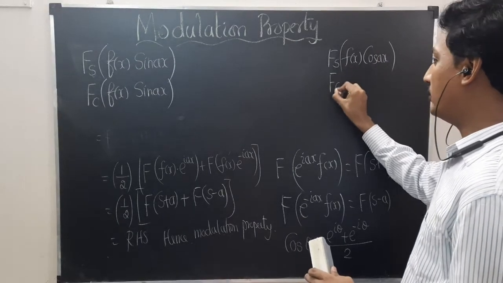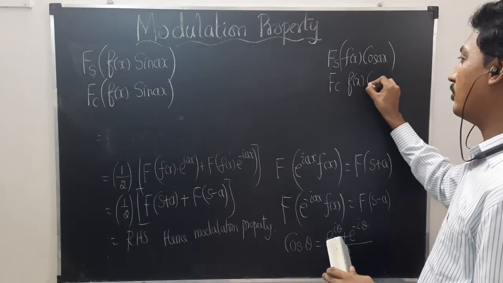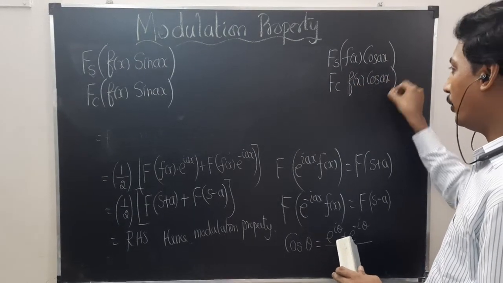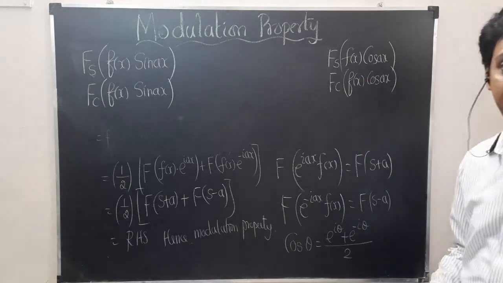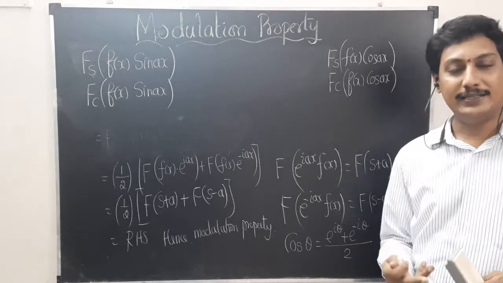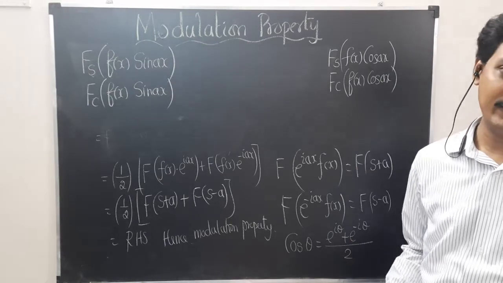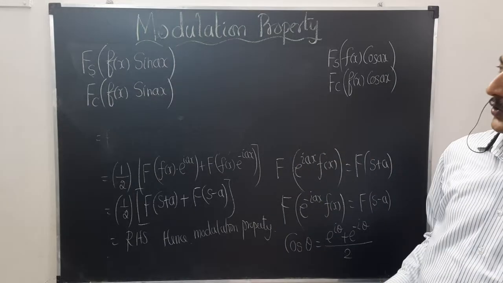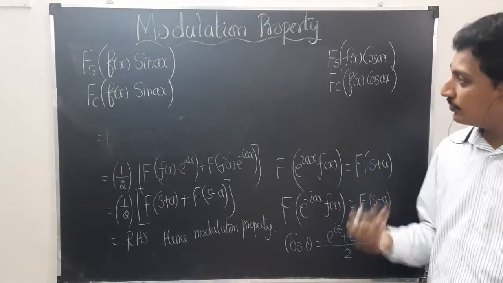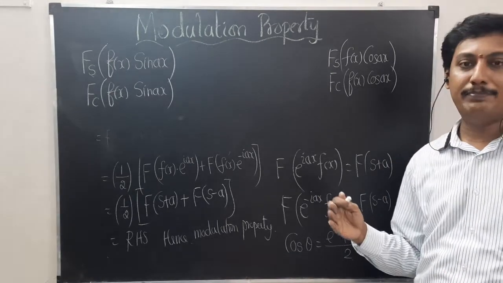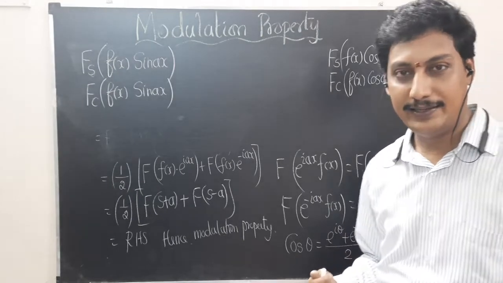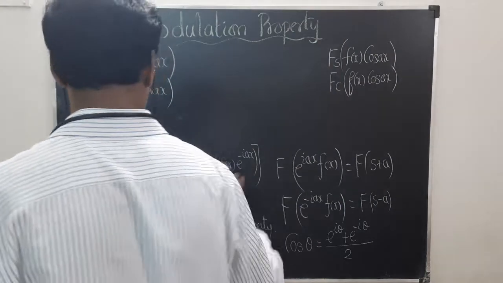What is the Fourier cosine transform of f of x into cos ax? These four properties are known as the modulation property under the Fourier sine and cosine transforms. Got it? Let us go one by one. Each result depends upon some trigonometric identities. So let's go one by one now.